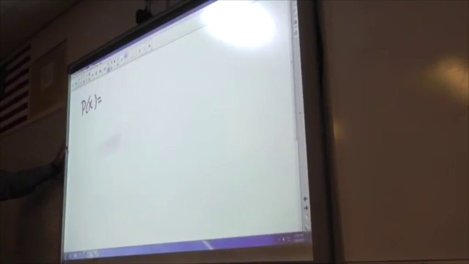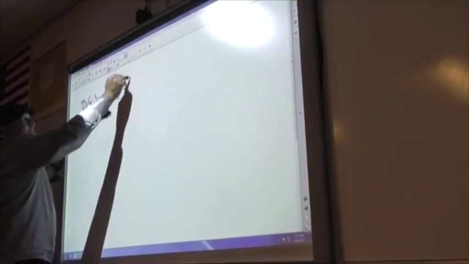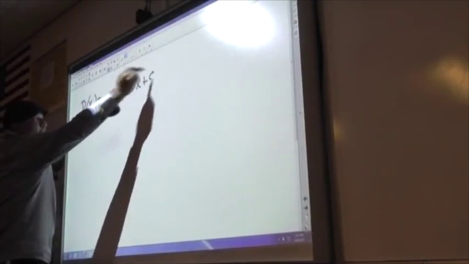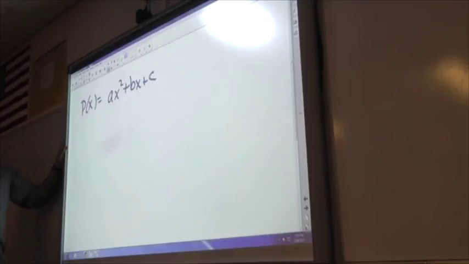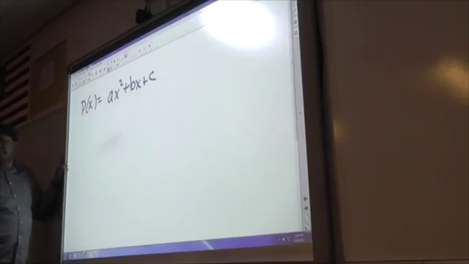Standard form. You guys ready? Turn that into standard form. Sorry, standard. No, in the vertex form. So I want you guys to write this as a(x minus h) squared plus k.